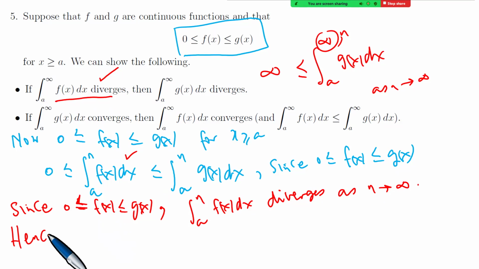Hence, if this one diverges, so the smaller one diverges. On this thing, this integral is greater than or equal to infinity. If it is greater or equal to infinity, it means this one must also diverge.